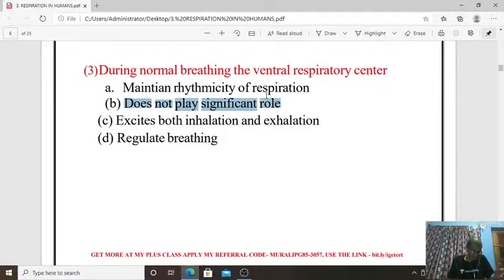It is not having any role regarding respiration. In the normal condition, I am talking about the normal condition, not in an emergency or any level where the internal body atmosphere is not in correct mode. So the answer for the third question is B.